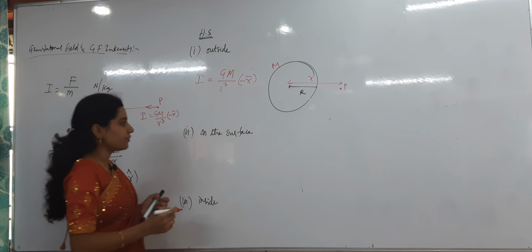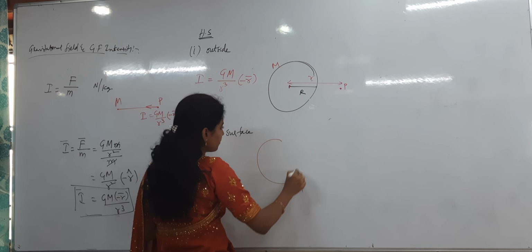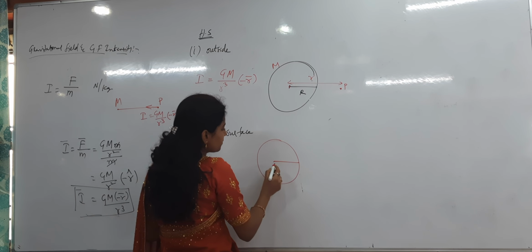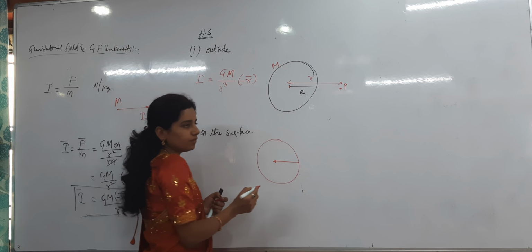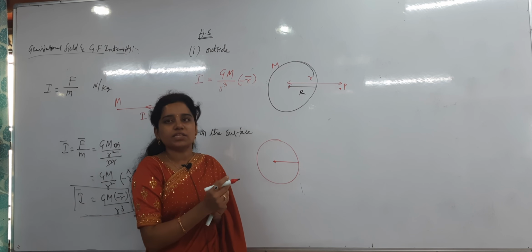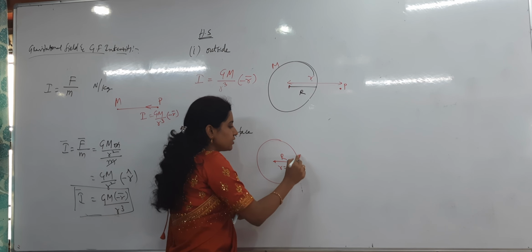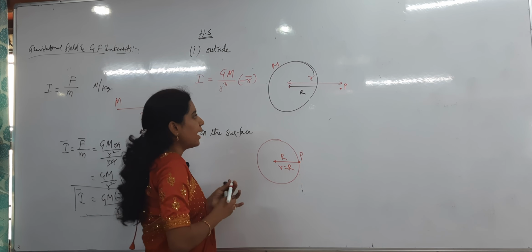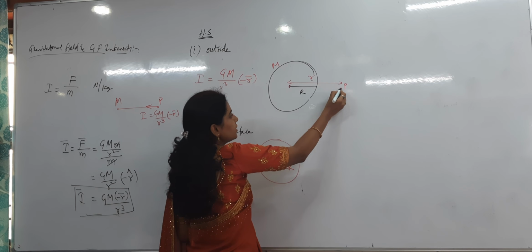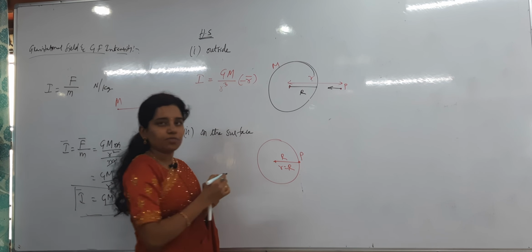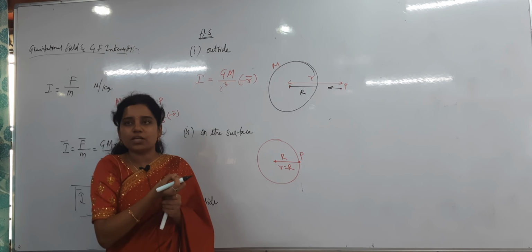Then the second case is on the surface. On the surface, what is the distance now? Capital R only, right? So I can say that r is equal to capital R. This is the point P. At point P, the intensity is towards the mass only, obviously. It will get attracted towards the mass only, right?